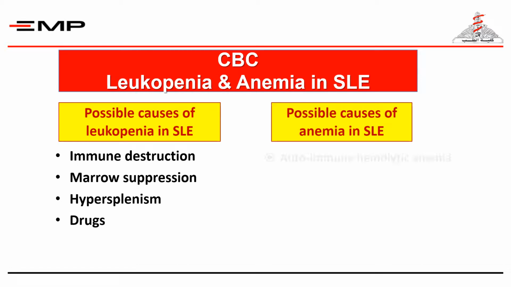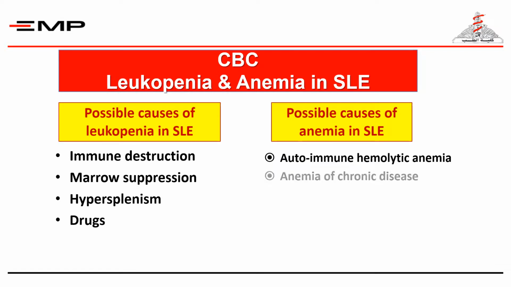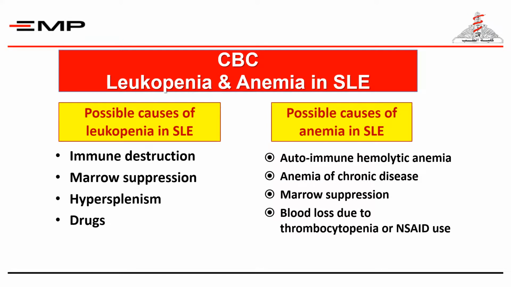The possible causes of anemia in lupus patients are either autoimmune hemolytic anemia, anemia of chronic disease, marrow suppression, blood losses from thrombocytopenia, or the use of nonsteroidal anti-inflammatory drugs, or also hypersplenism, and anemia of renal failure if the patient has this.